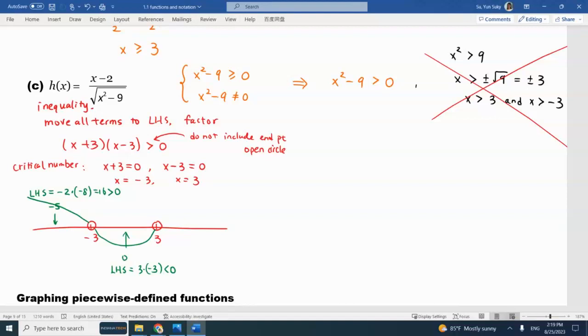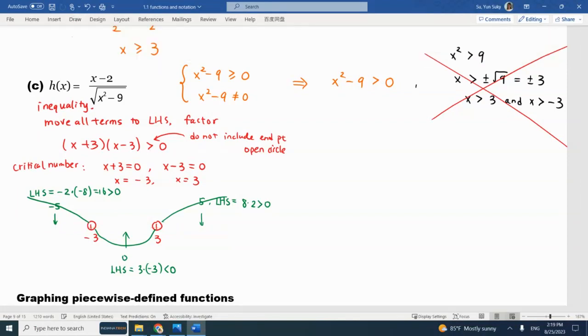All right, this interval. Give me a number. 5. If we plug in 5, what is the left-hand side? 5 plus 3 is 8. 5 minus 3 is 2. Do you see this is positive? Yes? So it's above the x-axis.